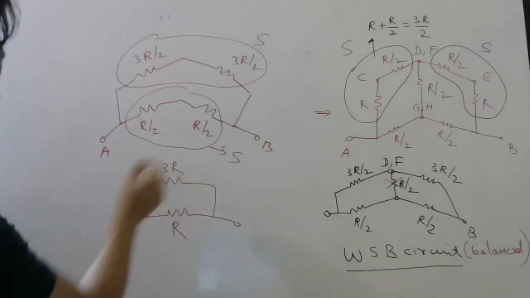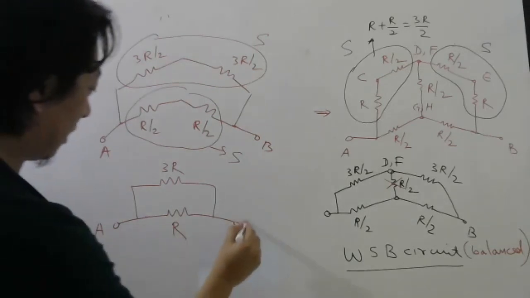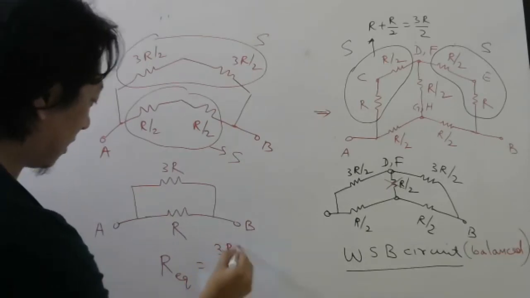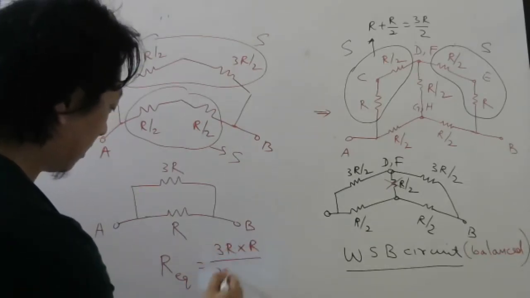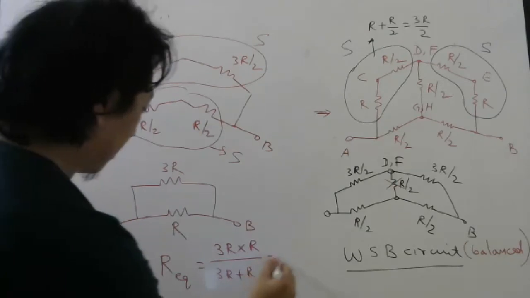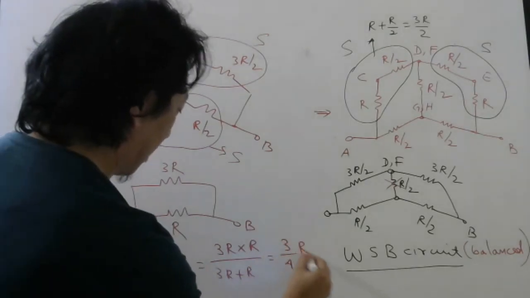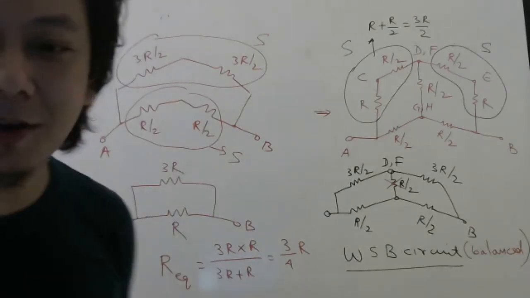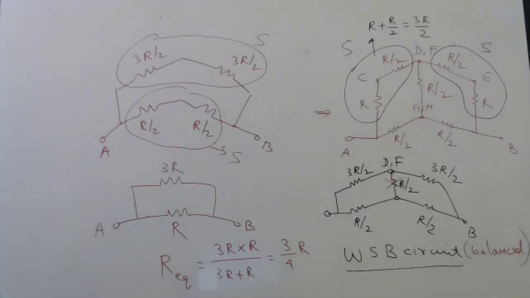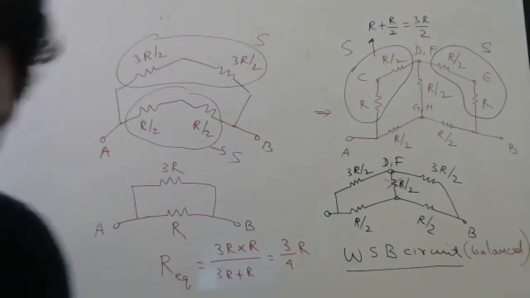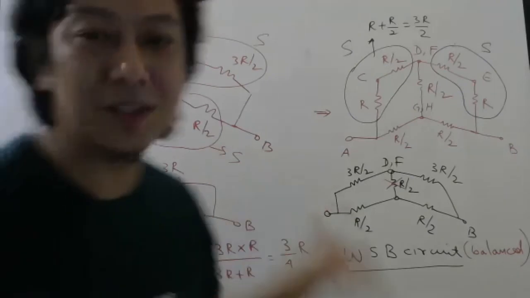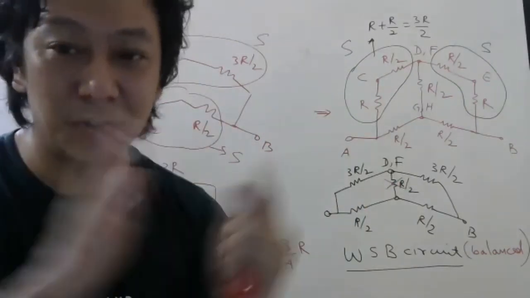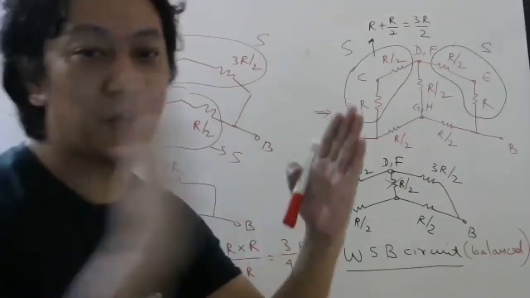Now finally you can see these two are in parallel between A and B. So what is the equivalent resistance? 3R into R over 3R plus R, that will be 3 by 4 R. So you can see, using the concept of path symmetry, we are able to solve this problem much easier. It took time for me because I was writing everything, otherwise it will happen very easily once you know this point can be joined with those points.